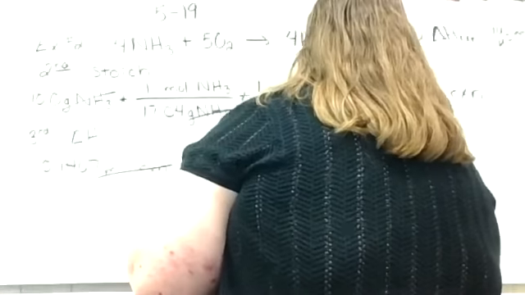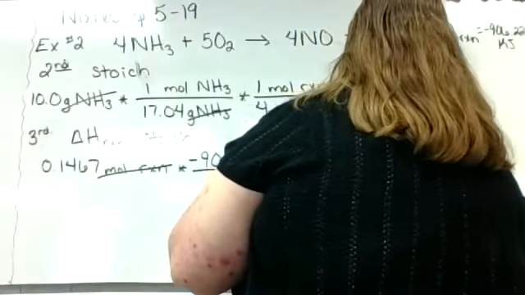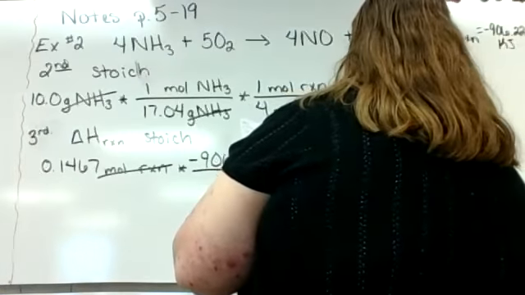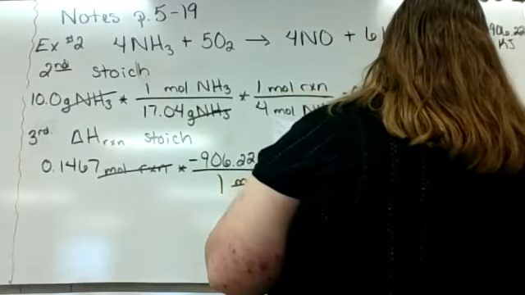And delta H is going to be negative 132.95 kilojoules.